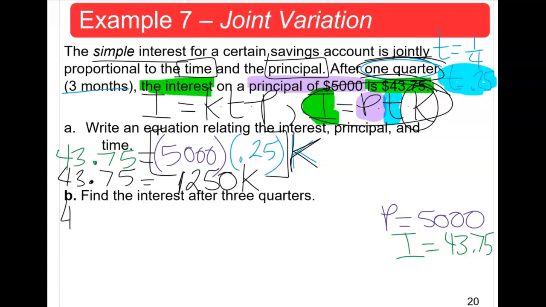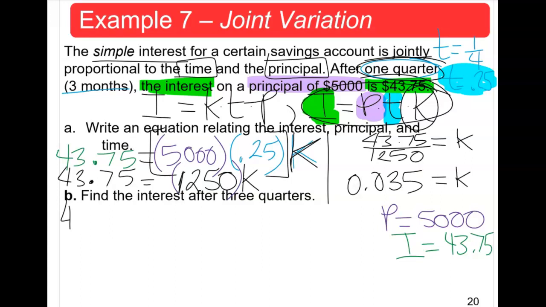Now this is pretty easy because all we have to do to solve for K is to take the 1250 to the left side. From multiplying on the right side, it will be dividing. So K is equal to 43.75 divided by 1250. So then K is equal to 0.035.